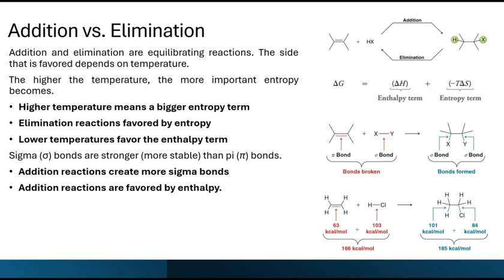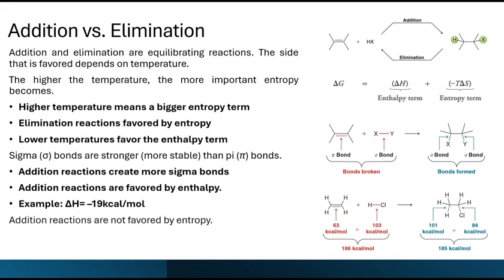Note if we were to calculate the delta H of the reaction given here as an example, we're going to see that the delta H is negative 19 kilocalories per mole, in other words, favoring the products. Addition reactions, though, are not favored by entropy. Two molecules combine to form one product and entropy decreases.